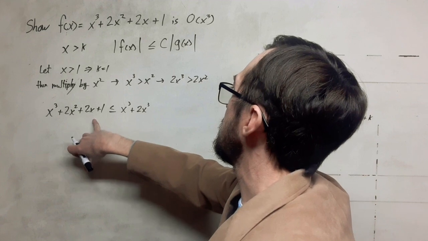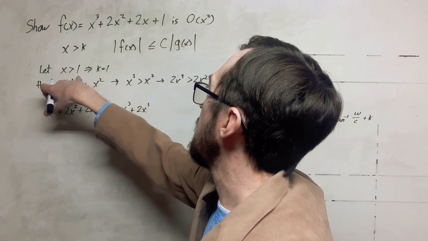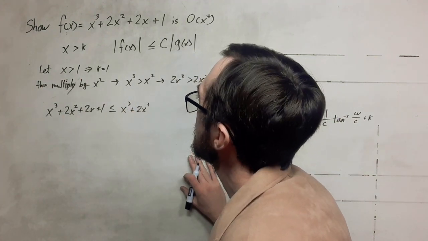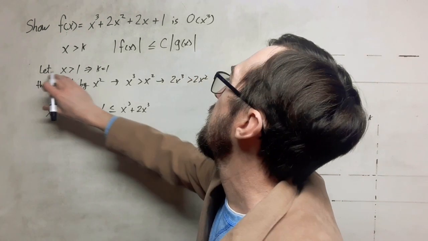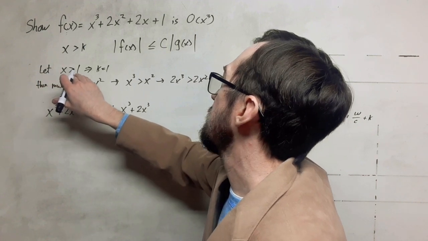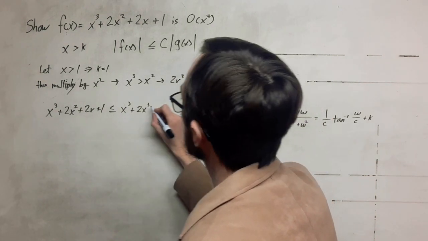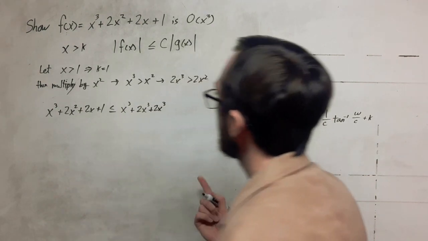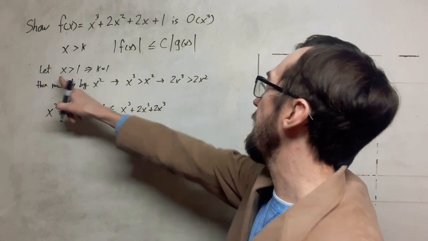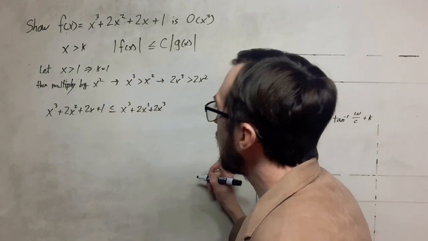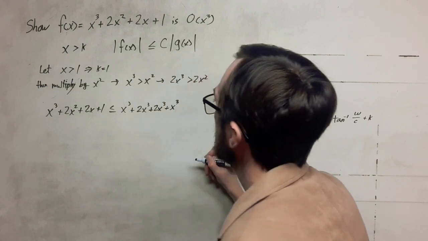Now for x here, we know that x is larger than 1. If we multiply both sides by 2, we know that 2x is larger than 2. We're going to go ahead and replace that term with 2x cubed. Shouldn't hurt anything. And then again, we know that x is larger than 1, so we can replace this with an x cubed as well.